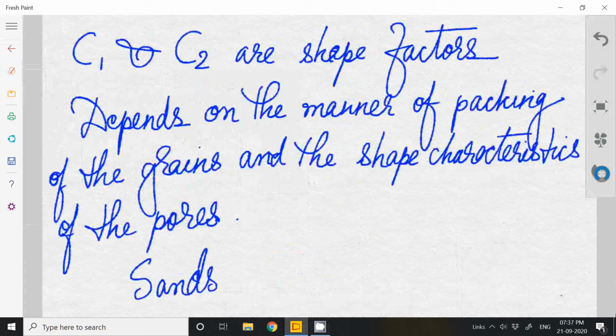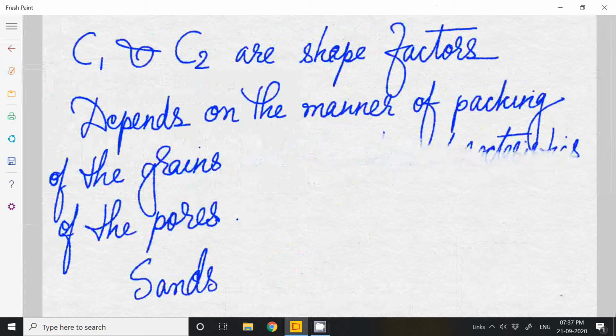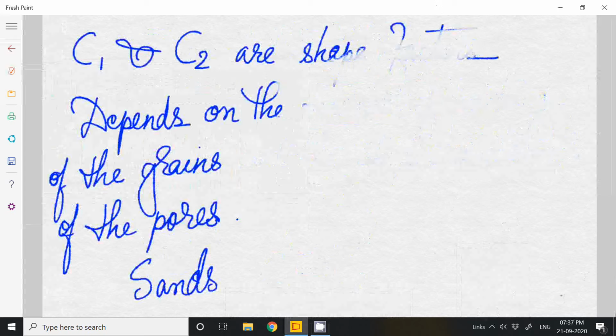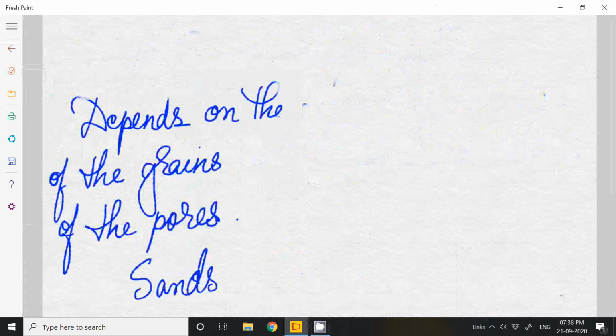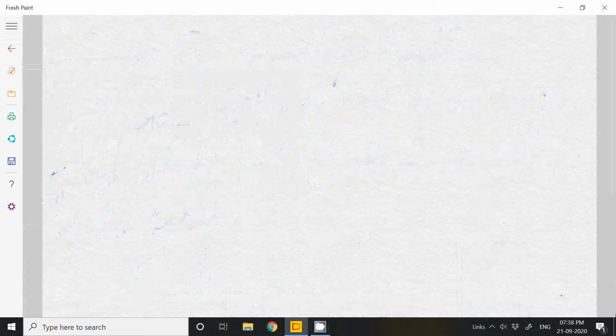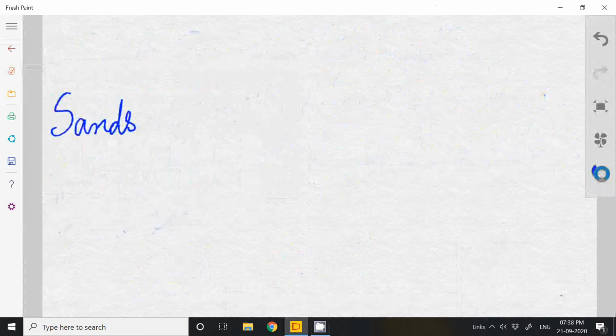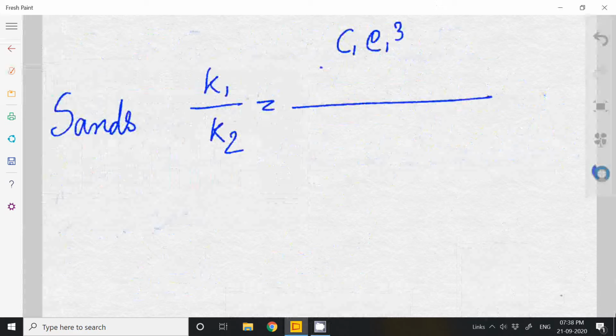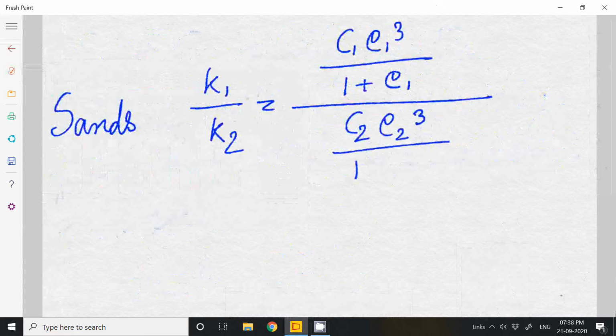If I write down the equation for sands, K1 by K2 is equal to C1 E1 cube by 1 plus E1, divided by C2 E2 cube by 1 plus E2.